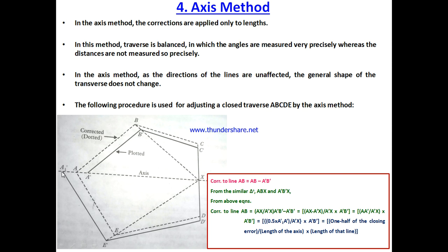Now you just need to join these points with the help of a dotted line, and you need to extend it up to the last line. Suppose it is C dash D dash in this particular case, and you have to mark that point X. You just need to draw this line, and this is known as the axis of the traverse, from where we get this particular name, axis method.